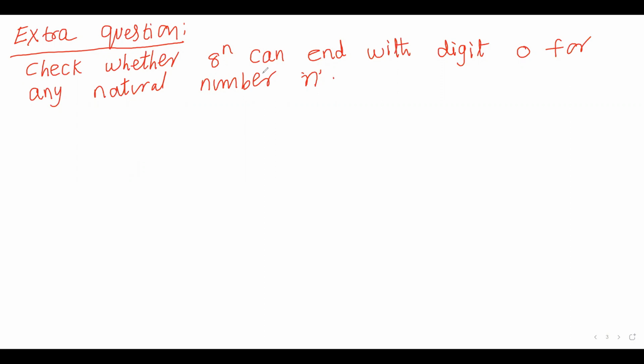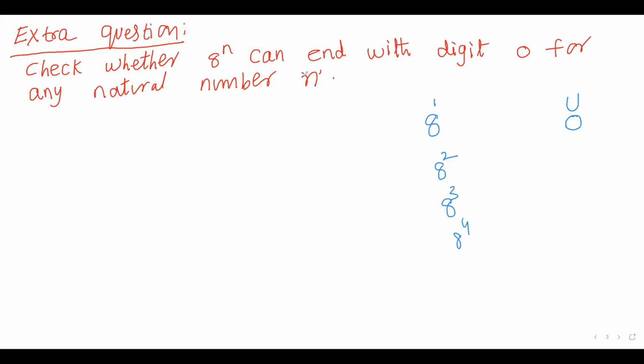So 8 power n is asking us to check whether it will end with 0. End with 0 means in unit place, will it get 0 for any n value? n is a natural number. So n can take values 1, 2, any natural number.